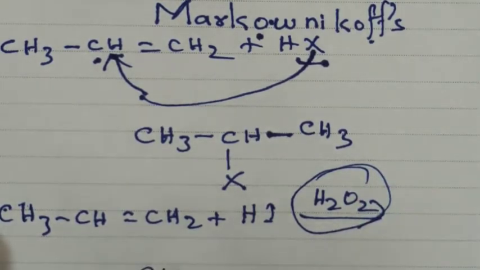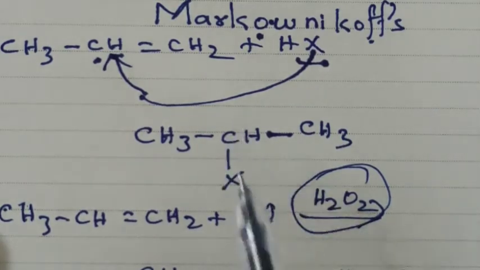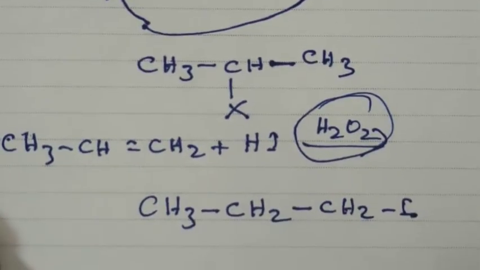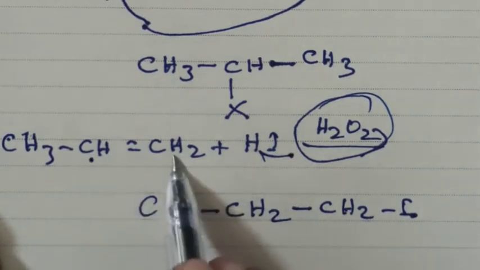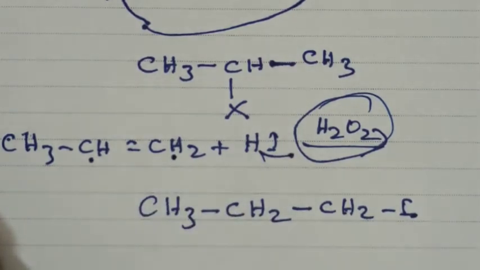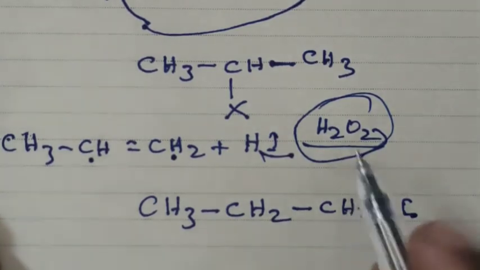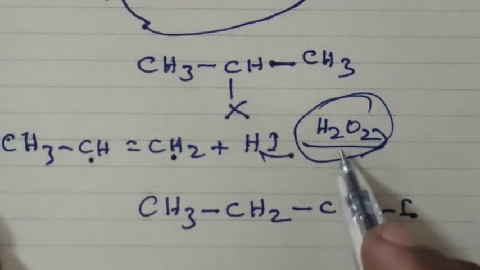That means we are getting CH3 CH2 single bond CH2I. Markovnikov addition means the negative part goes to the double bonded carbon which is lesser in hydrogen. Anti-Markovnikov addition means the negative part of the addendum goes to the double bonded carbon which is higher in hydrogen. The anti-Markovnikov rule follows in the presence of hydrogen peroxide.